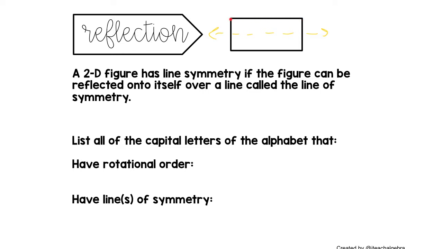The sides would all match up as a mirror image. Another line of reflection is right down the center vertically. I could take this part and fold it over here and create a mirror image on both sides. So this rectangle has 2 lines of reflection.